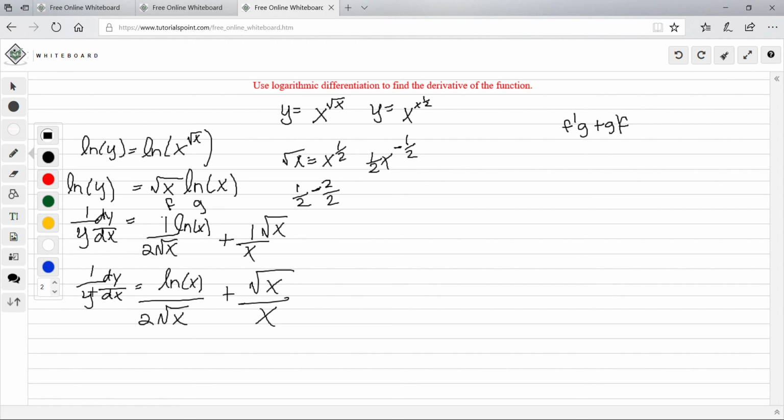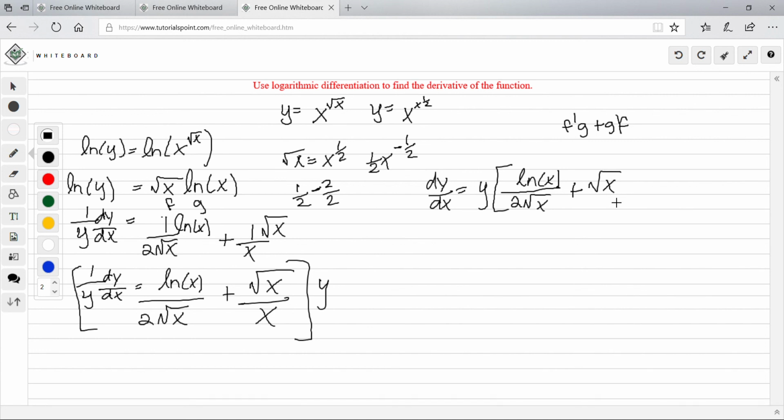Okay, now we've got to solve for dy/dx, so I'm going to multiply everything by y. So our dy/dx is y, and then the bracket of this whole thing. So now we've got to plug in our y. So what is our y? y is this thing.